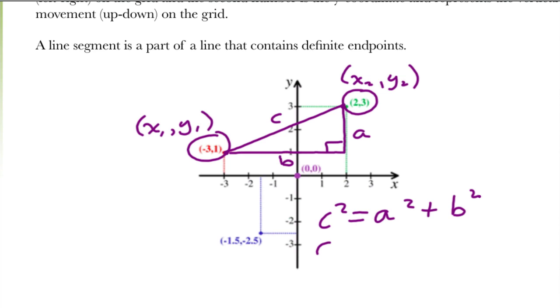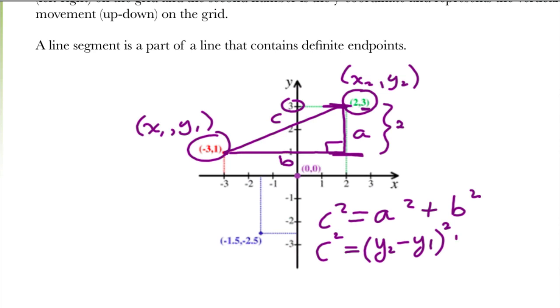We're not sure what the hypotenuse is, but for the height of A, we know that the top here is at 3. So that is our y2 value. And we're going to subtract, so if we're going from here down to here, we're going to subtract 3 minus 1, because we know that this must be 2 units tall. So y2 minus y1.